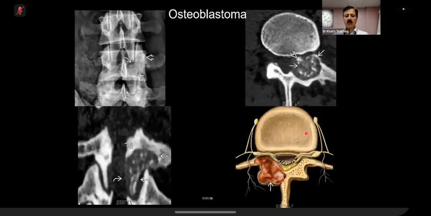And this is another case where you can see the graphic sitting here, and from literature, another example, lucency with a bit of osteoid matrix. If you see osteoid matrix, you're very confident that this is an osteoblastoma. And if this thing was smaller than 2 centimeter, it would have been an osteoid osteoma.